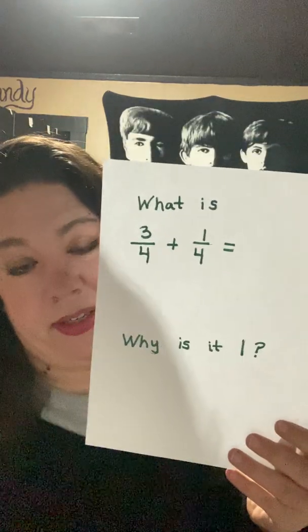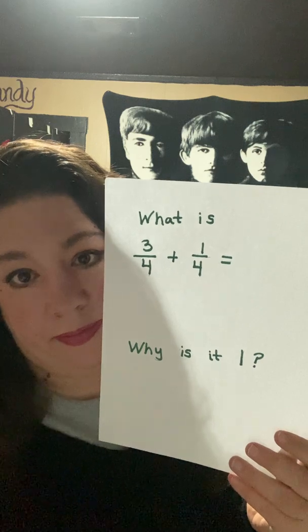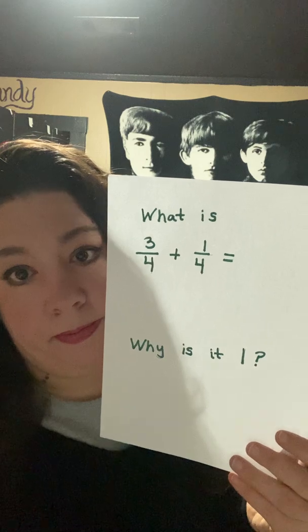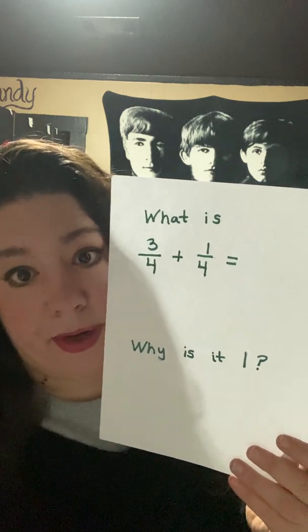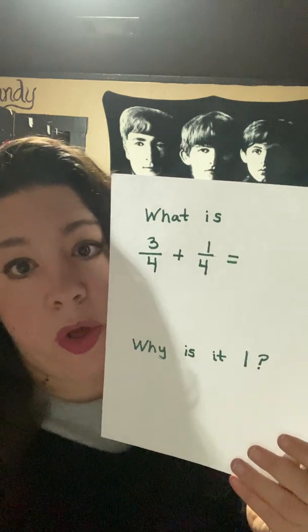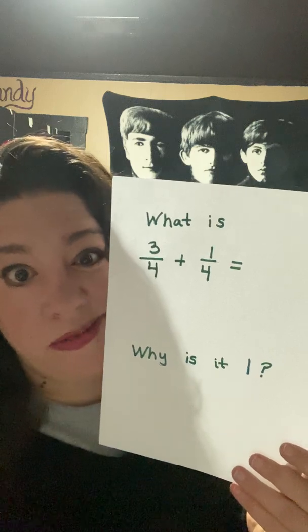I promised that I would show you why when the number on the top and the bottom are the same, it simplifies down to 1. So I'm going to show you why. 3/4 plus 1/4 equals 1 and not 4/4. It does equal 4/4, but it simplifies down to 1. So let's draw a picture. Well, first let's do the equation.